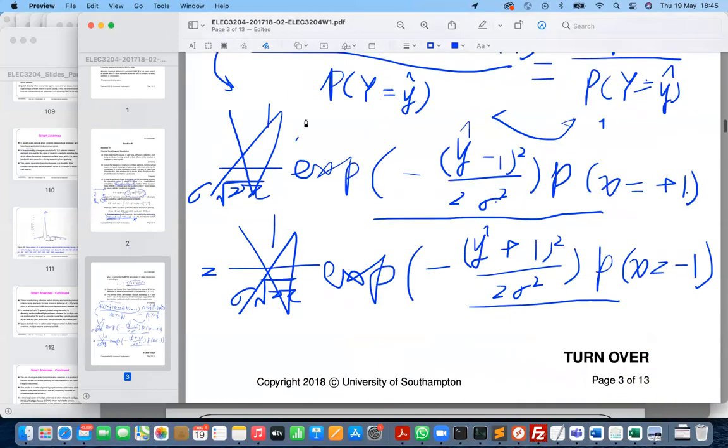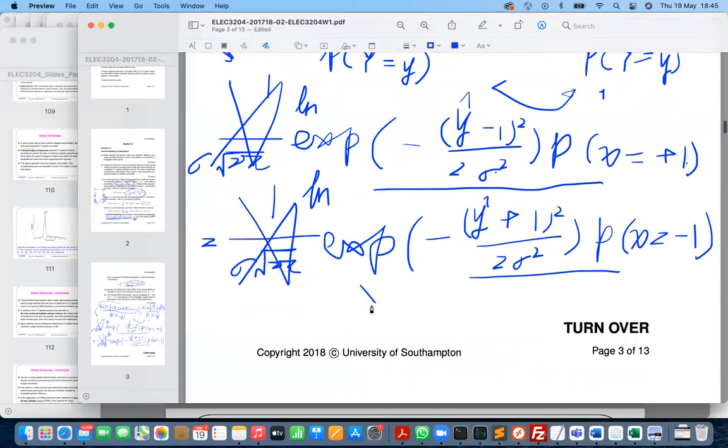We take a log to both sides. We take log to both sides. And then in the end, we'll get the decision.